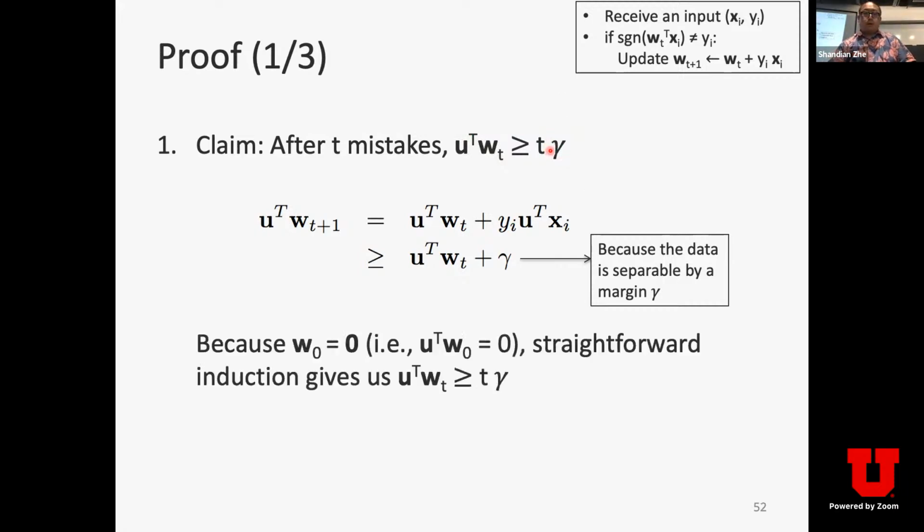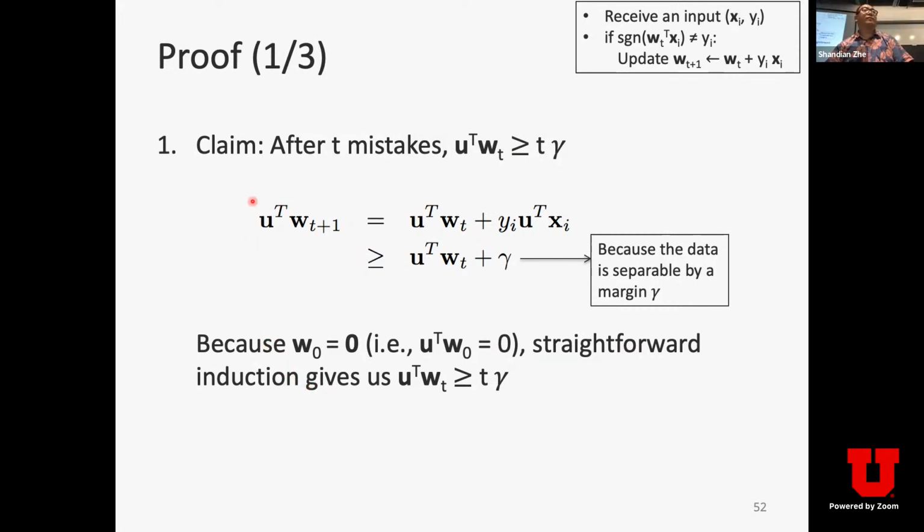So at the beginning, when T is 0, we know that this inequality is correct. And then following our previous induction steps, for every step T, you extrapolate to T plus one. You can do this forever and ever. So in this way, we have proved the first claim.